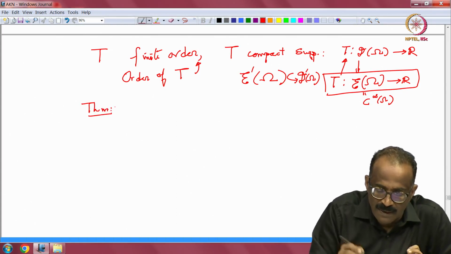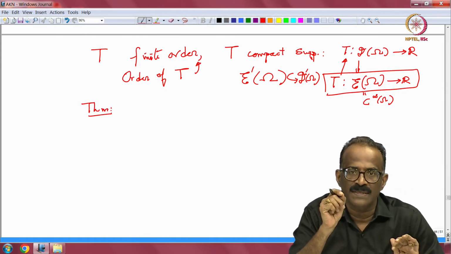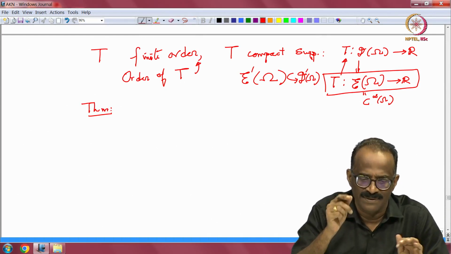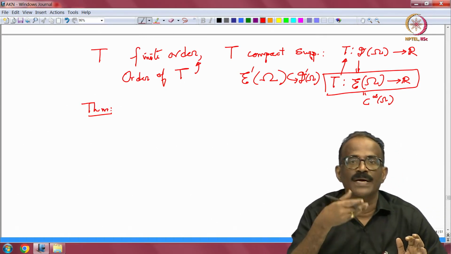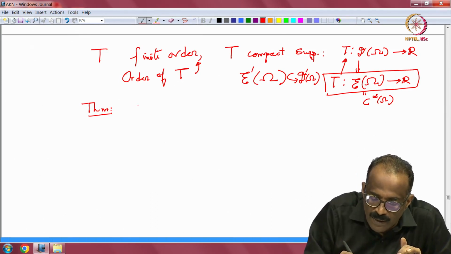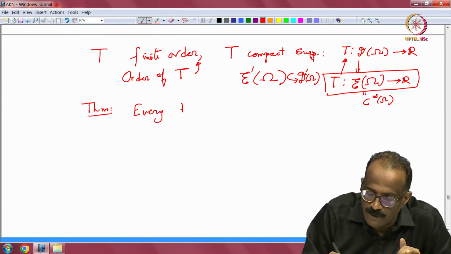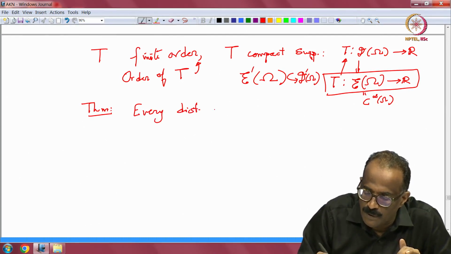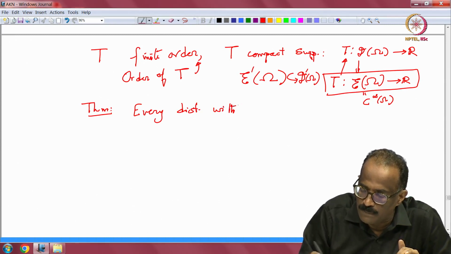The proofs are subtle, but not that difficult once you get an idea of distributions. So, the theorem: every distribution with compact support is of finite order.